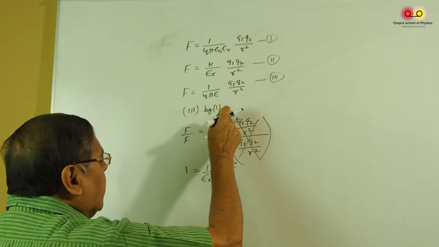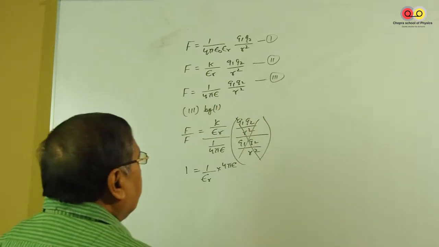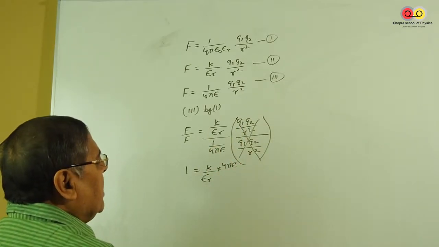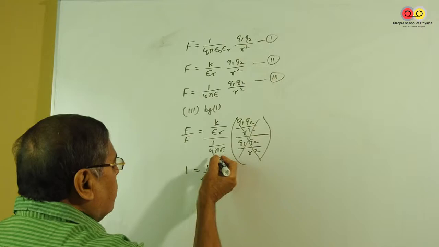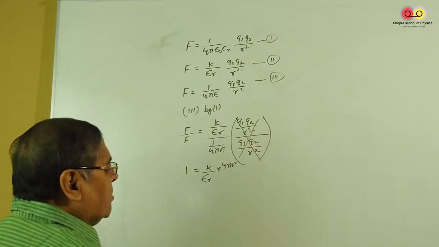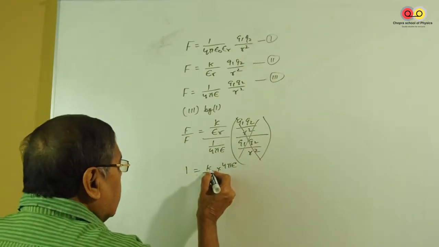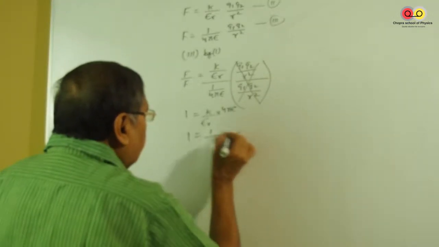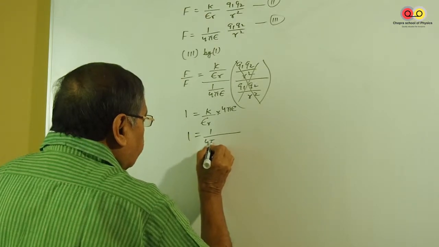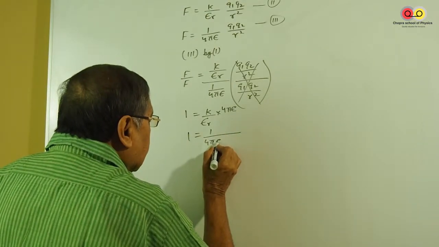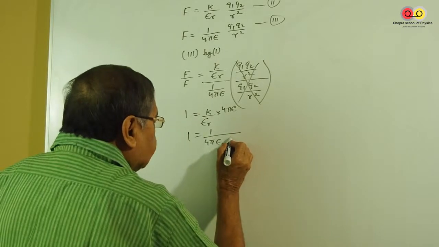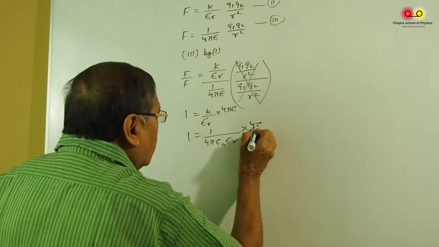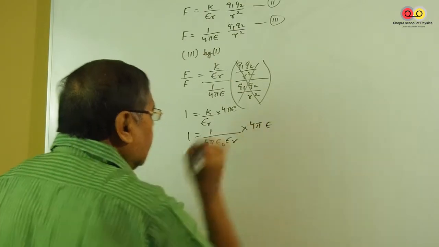Now k is written as 1 over 4 pi epsilon naught, so we get 1 over 4 pi epsilon naught epsilon r multiplied by 4 pi epsilon.